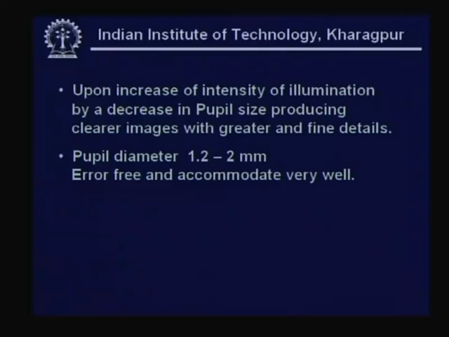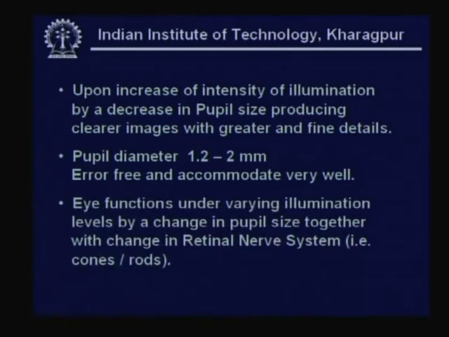Now, the pupil diameter has a capacity of changing from 1.2 to 2 millimeters in a typical average human pupil, and it accommodates very well. Therefore, our eye has excellent ability of functioning under varying illumination levels. It changes the pupil size, and together with the pupil size it shifts the set of nerves responsible for observing from cones to rods.